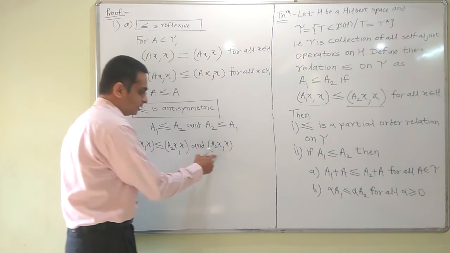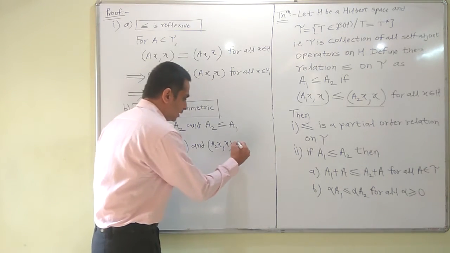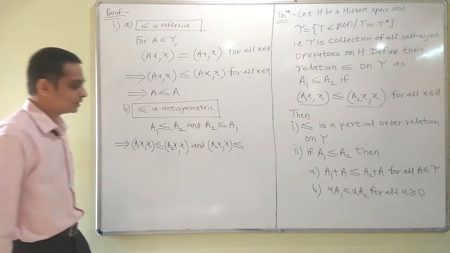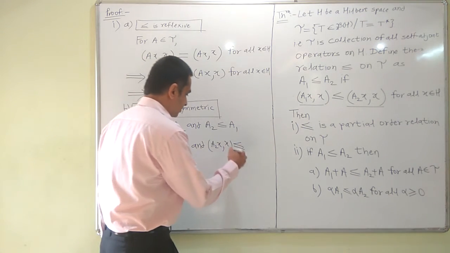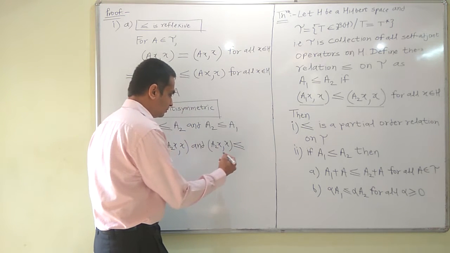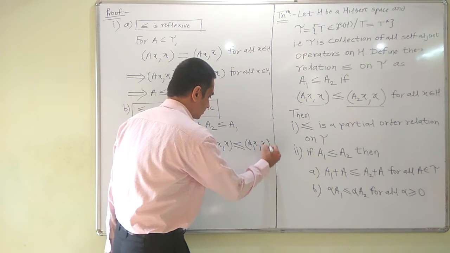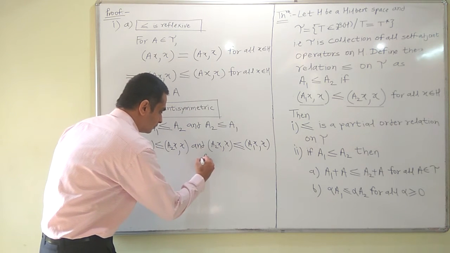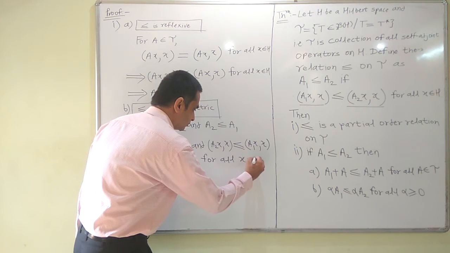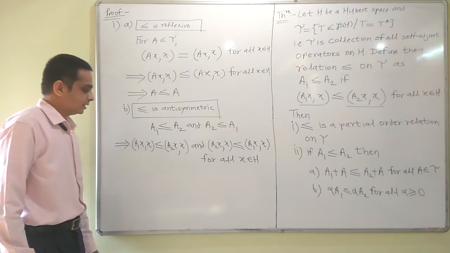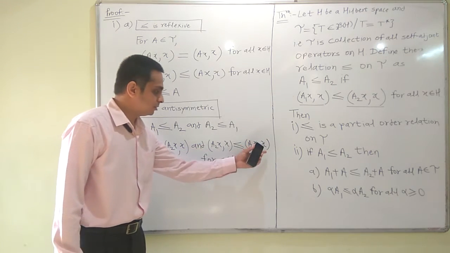is less equal to the inner product of A1x and x for all x belongs to H. Note that these are real numbers because these are self-adjoint operators. Inequality in the set of complex numbers is undefined, so whenever we write inequality, it should be real numbers. So what we have is this: one real number is less than or equal to the other, and the other is less than or equal to the first.